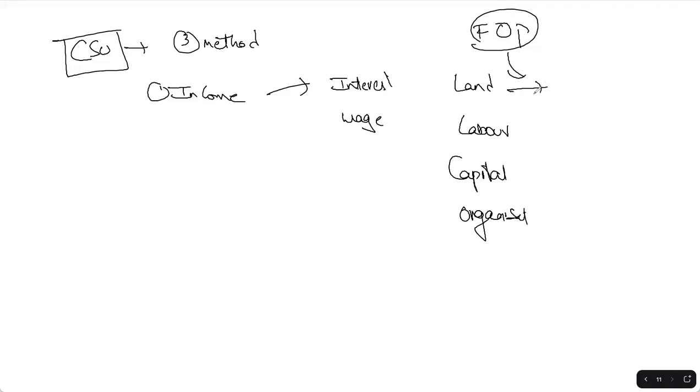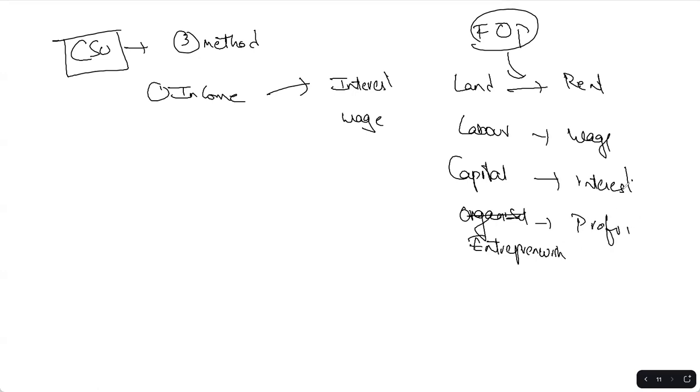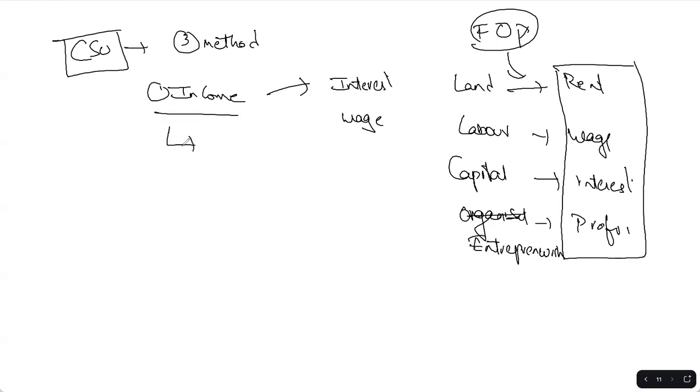Okay, so land का होता है rent, labor का होता है wages, and capital का होता है interest, and organization का होता है, या फिर entrepreneurship बोलते हैं, इसका होता है profit. So when we add all these incomes, these are nothing but the factors of payments, इन सबको add करेंगे तो then through the income method we will finally arrive at the GDP.